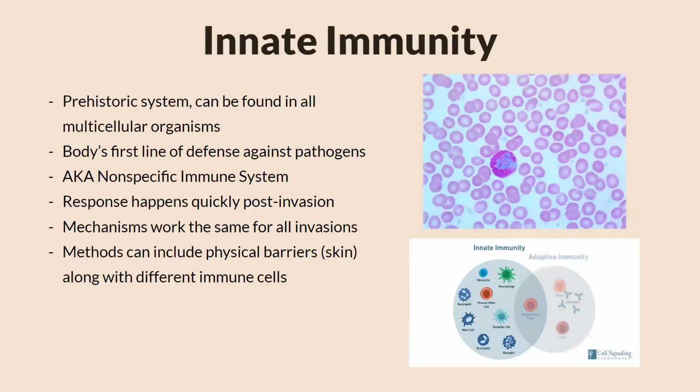So, a little breakdown of innate immunity. Mostly all multicellular organisms have some sort of innate immunity. The different kinds of cells were adapted through evolutionary history for this quick response, less than a day to start reacting to pathogens.